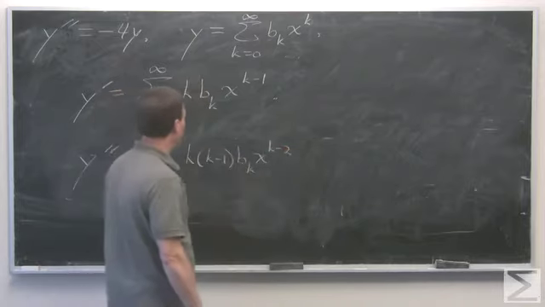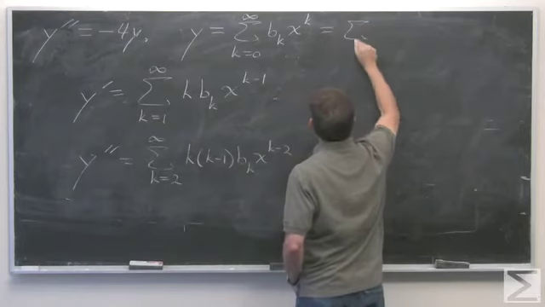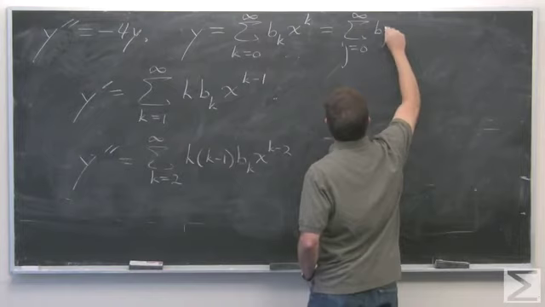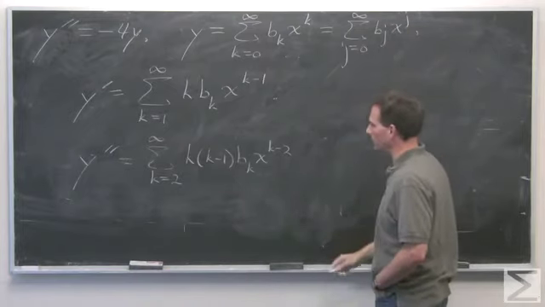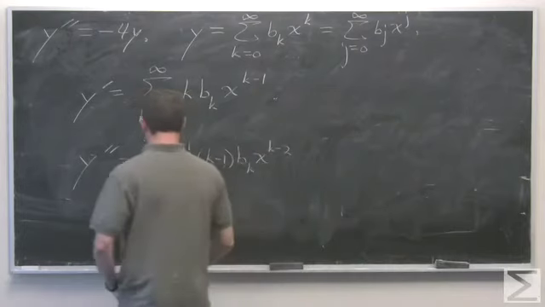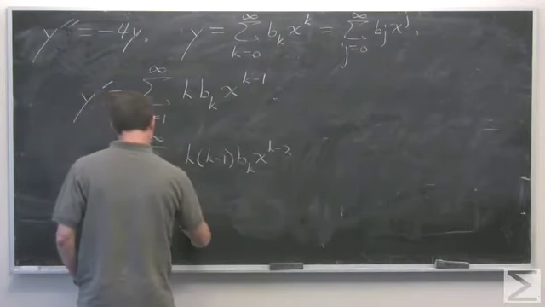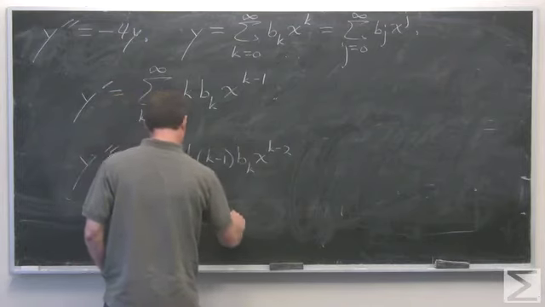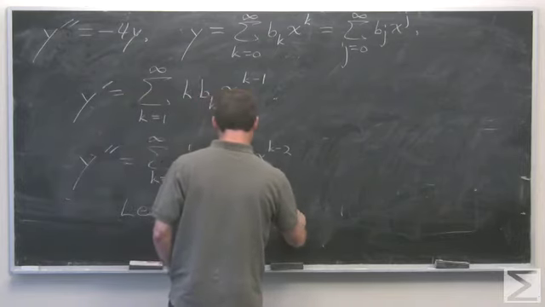And now I'll re-index. For aesthetic beauty, I'll rewrite this in terms of j. We know this doesn't matter, but it's nice to make them look the same. I'm going to let j be k minus 2, so k is j plus 2.